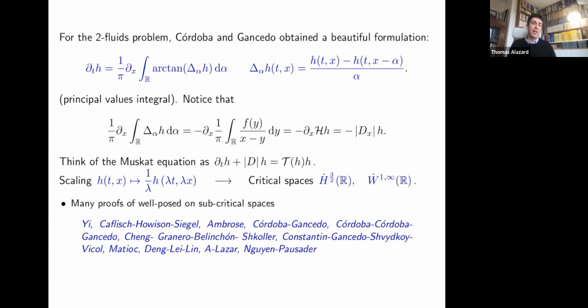And to understand it, of course, we begin by linearizing it. We replace the arctangent by the identity. And now we observe that in this case, dx of the integral over R of delta alpha h can be written by an elementary change of variable as dx of 1 upon pi, the integral of f(y) divided by x minus y, dy.